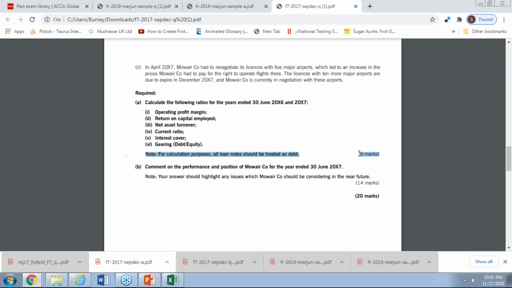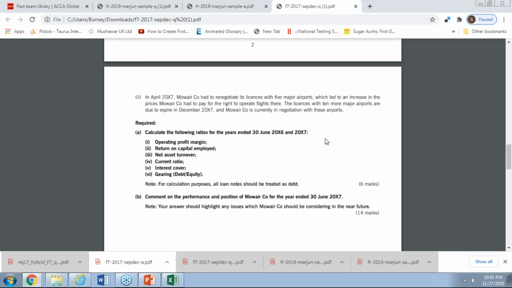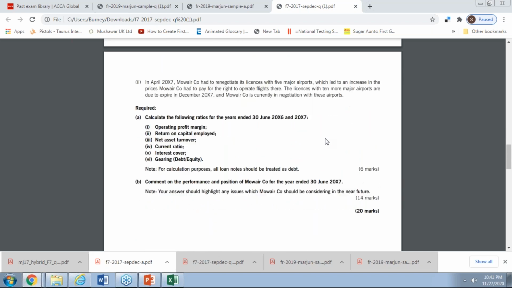You have to manage the time and solve the ratios in just a few minutes. So 6 marks, at 1.5 minutes per mark, means you have to solve in 10 to 12 minutes at maximum. You have 10 to 12 minutes in the examination to calculate these ratios.